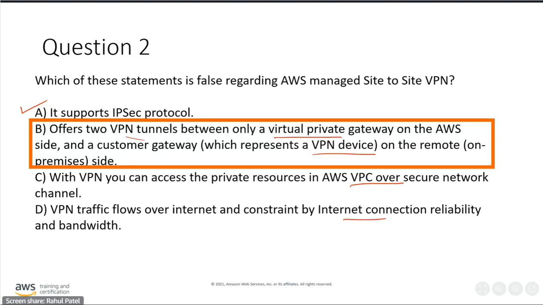AWS managed site-to-site VPN offers two VPN tunnels between only a virtual private gateway. In the remote site, we need to install the customer gateway. In AWS, we need to install the virtual private gateway. Then how is it false? Let me see. I think.